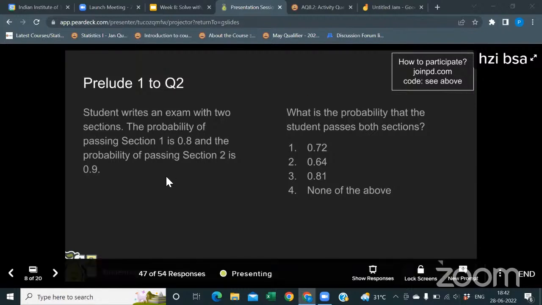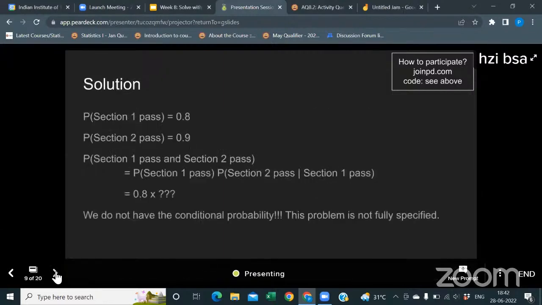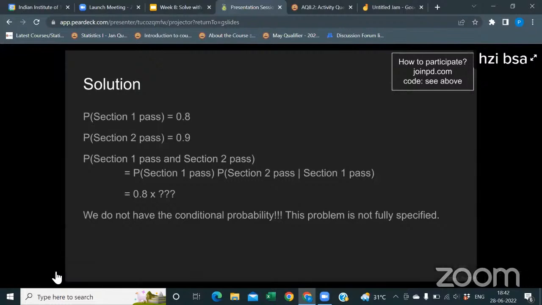Okay. In this question, only two things are given. The probability of passing section 1 is 0.8, passing section 2 is 0.9, right?